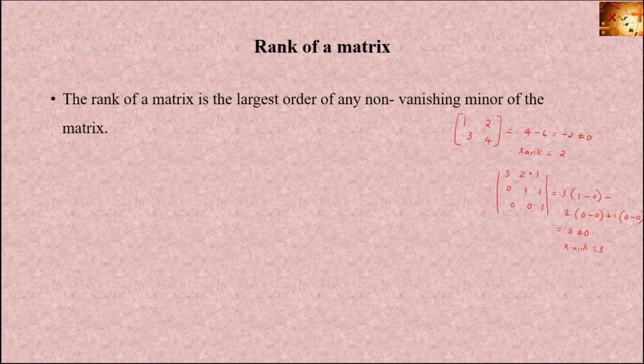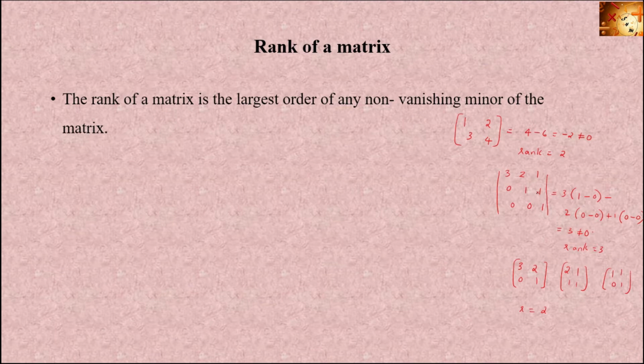I can write the minor as the matrix 3, 2, 0, 1, or the minor 2, 1, 1, 1, or the other possibilities are 1, 1, 0, 1, etc. If the determinant of this matrix is not equal to 0, then we can say that the rank is equal to 2.